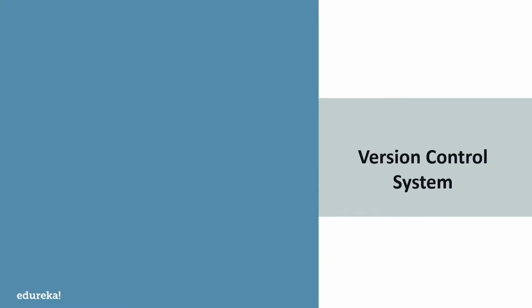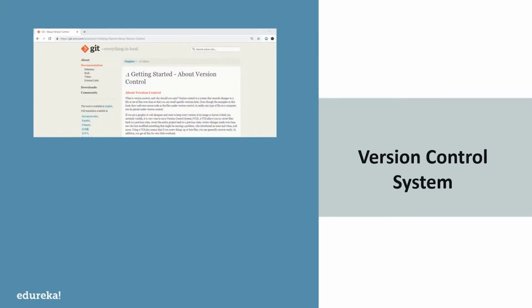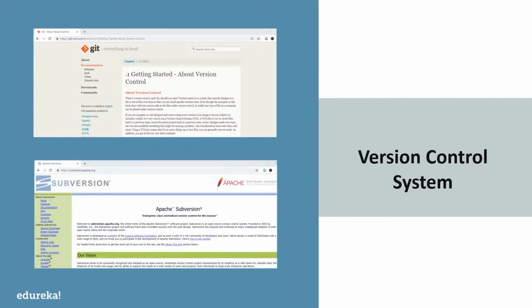But for some reason this feature slowed down your website and you want to go back to the old version of your website. So usually it is very hard to revert back to an older version, but a version control system takes care of this because it has a track of all the code changes that you've made and it can easily revert back to any code change. Some of the popular version control systems include Git and Subversion.